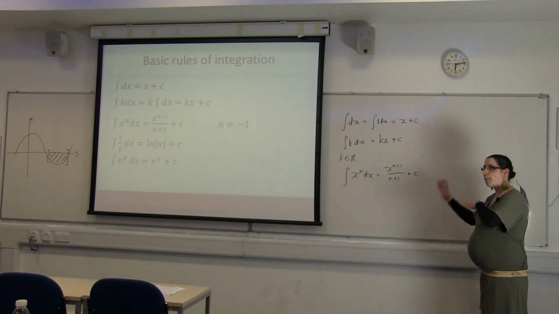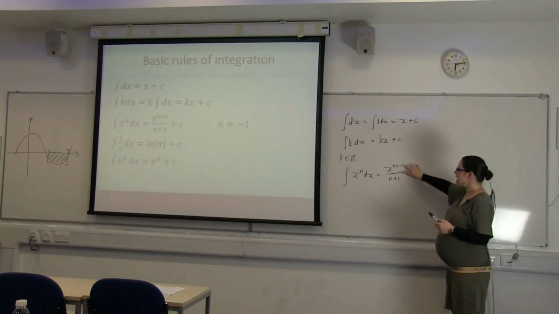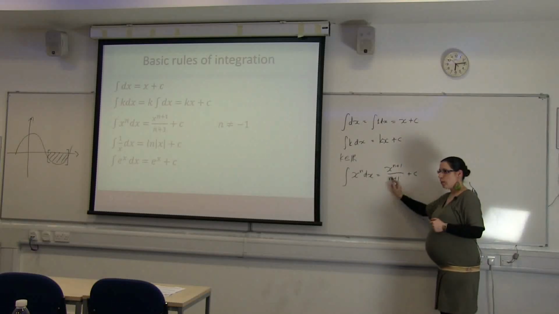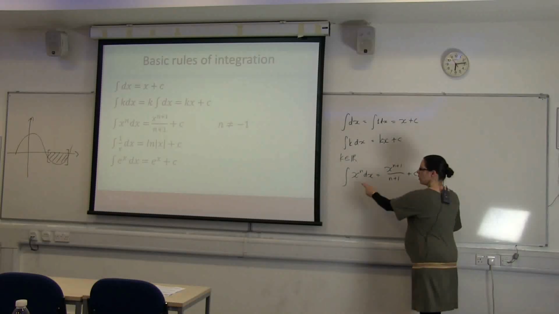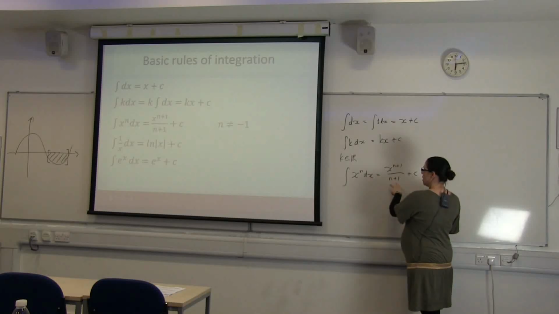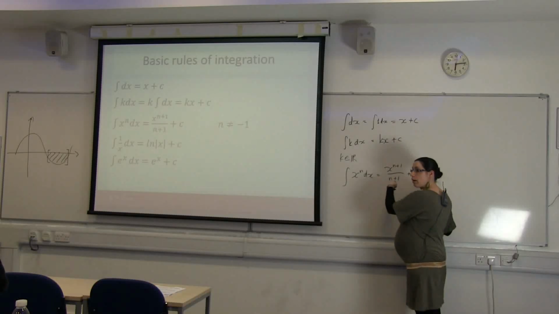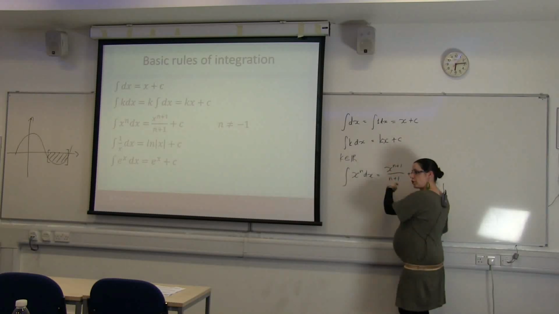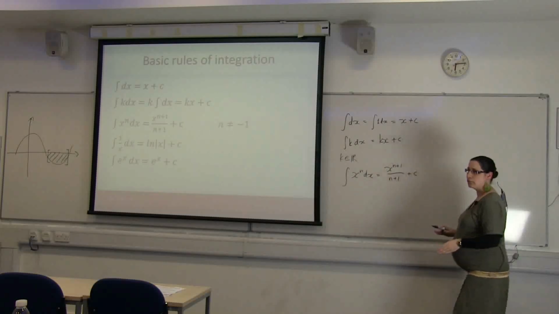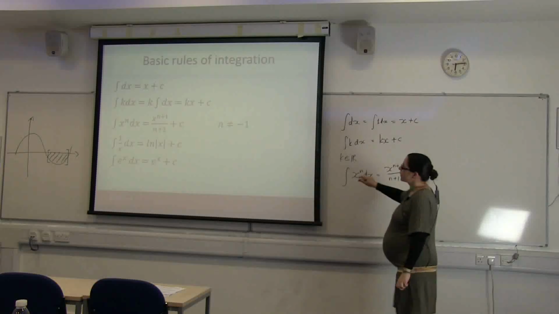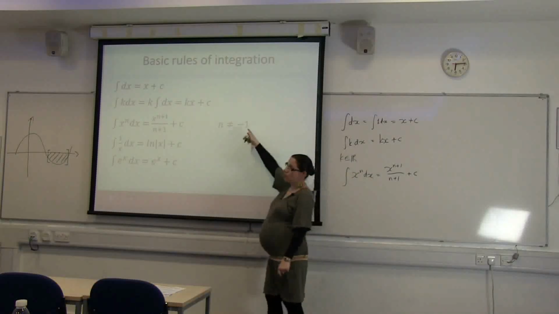So when you do the opposite of that, you need to raise the power by 1, and you need to divide by that raised power. Otherwise, you won't end up with x to the n. You would end up with x to the n multiplied by another constant. So that's why you need to do it, to undo the differentiation effect of bringing the power down. Now, this is only if n is not equal to -1.